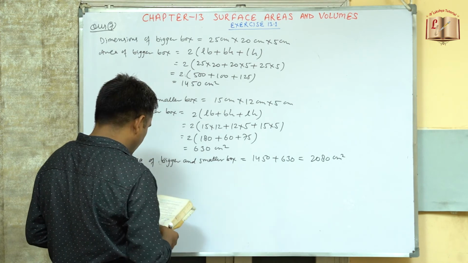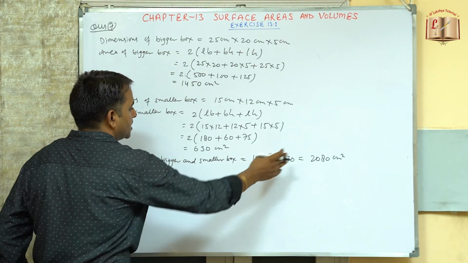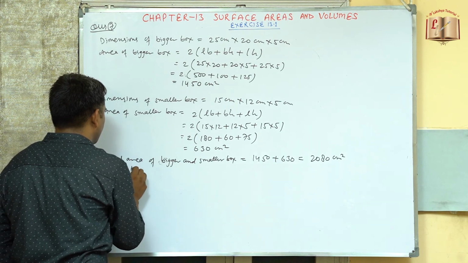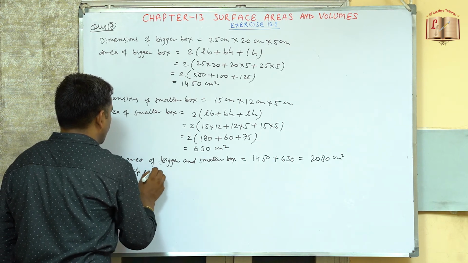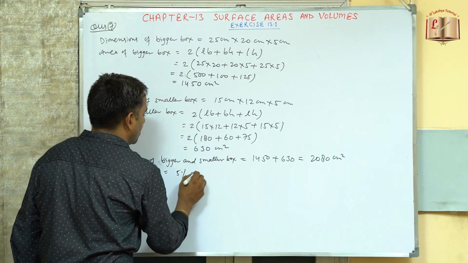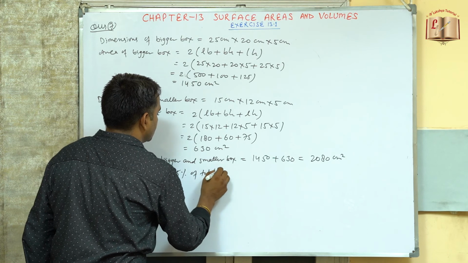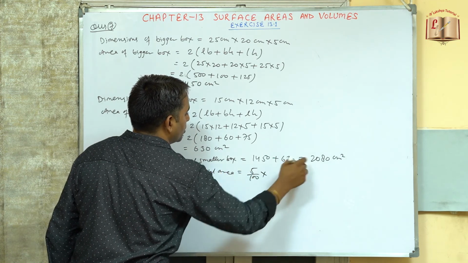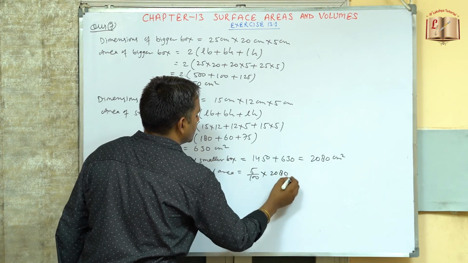Now we'll find out the 5% of this area. So now overlap area will be equals to 5% of total area. So this will be 5 by 100 into 2080.